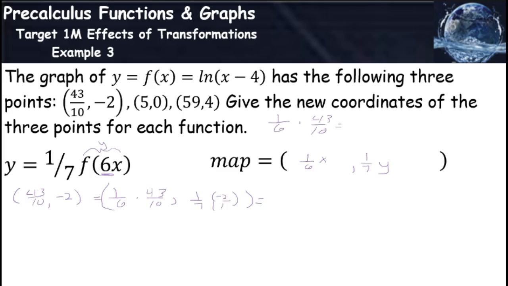So here 43 is prime. There's no number that goes into 43. So I'm going to have 43/60ths when I multiply that out. And then 1/7 times -2 over 1 is 1 times -2 is -2, and 7 times 1 is 7. So -2/7.